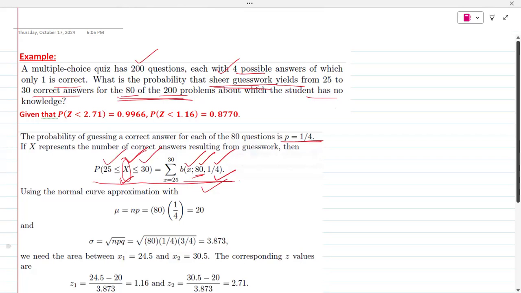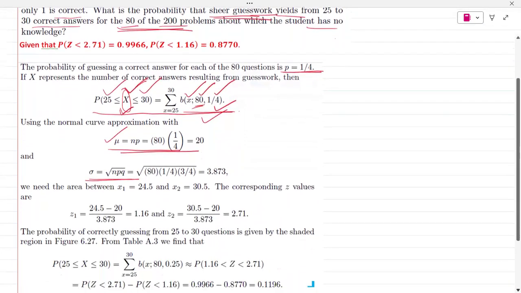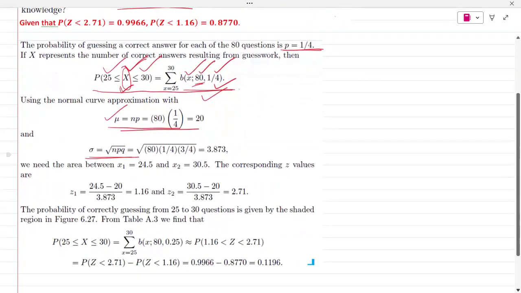Now, once again, we will have our mu, the common mean of the normal and binomial distributions, and the common standard deviation. Then we have Z1 as 24.5 minus this mu, the mean, and Z2 likewise, constructing the same random variables.